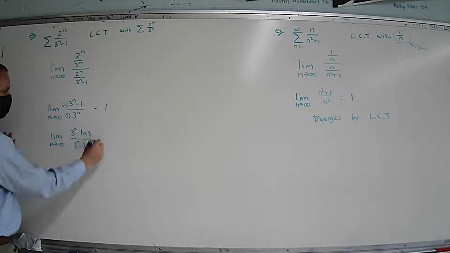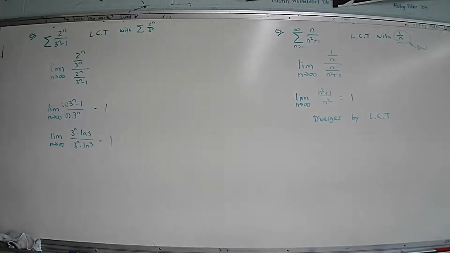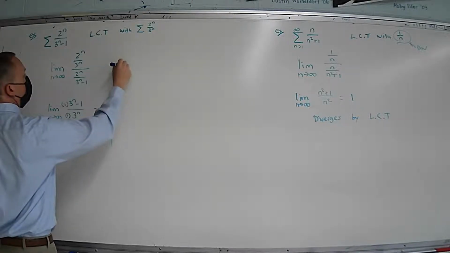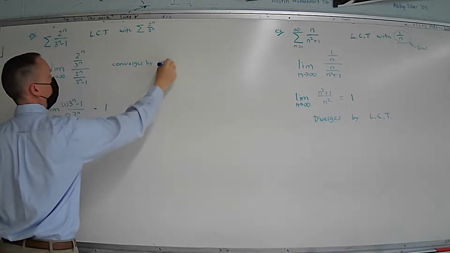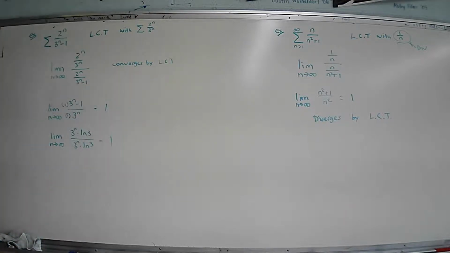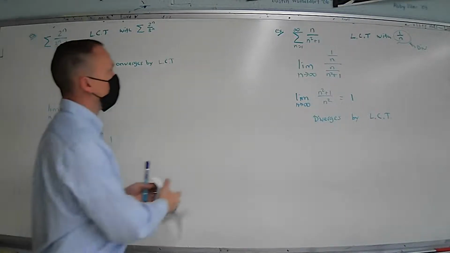So when that cancels, that equals 1. Okay. So what's our conclusion? This one converges by the limit comparison test. Happy with that? All right, let's do another one.